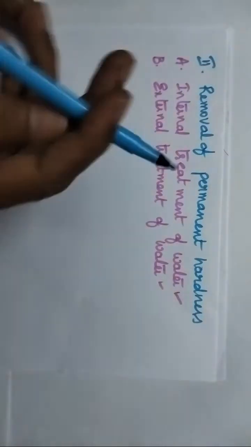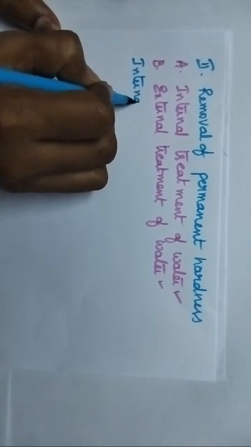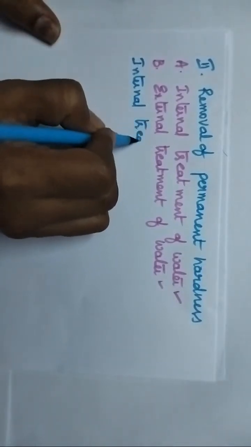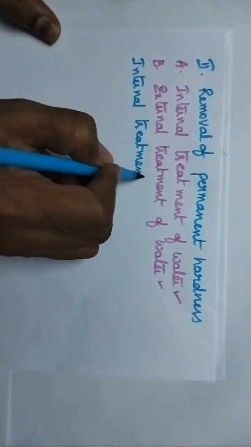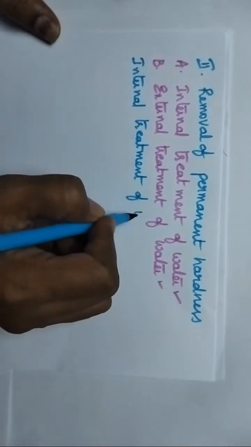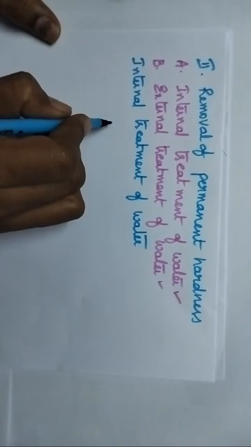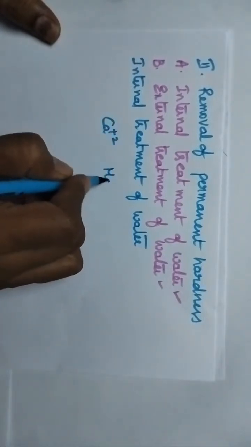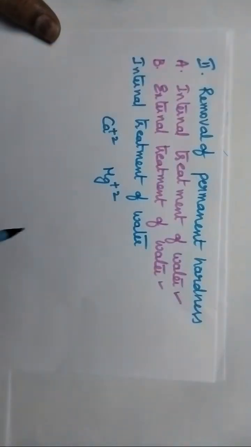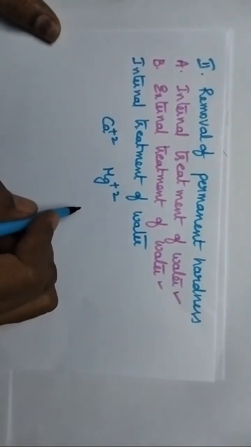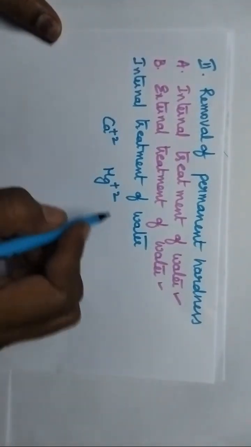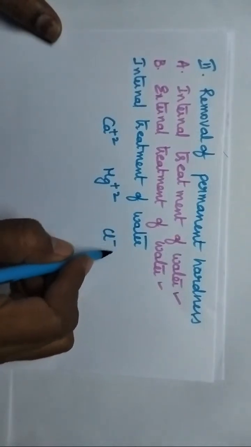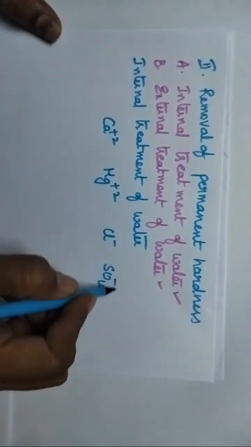So, coming to the internal treatment of water, here an ion, that means which ions are responsible for the permanent hardness, calcium or magnesium ions or chlorides or sulfates.